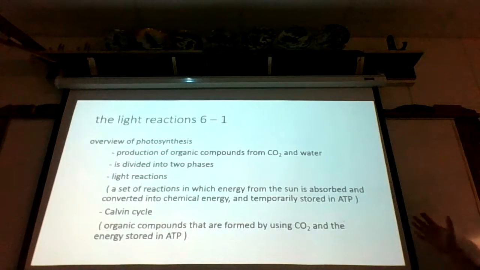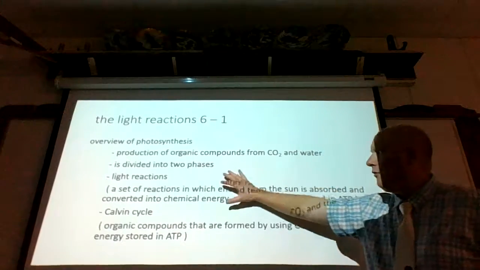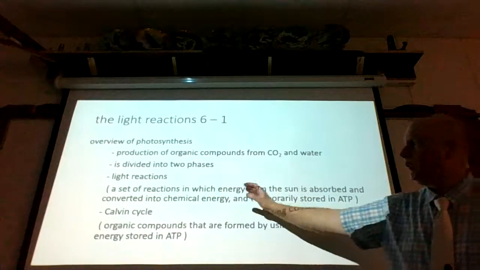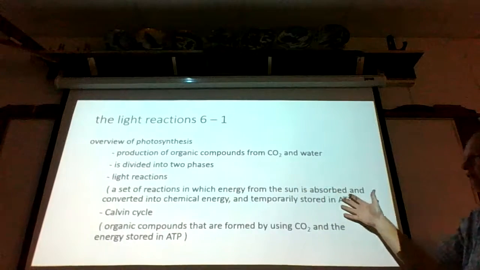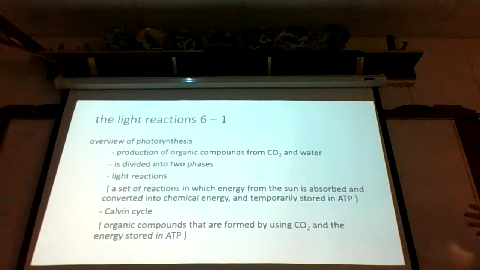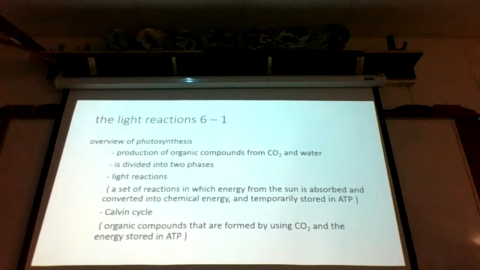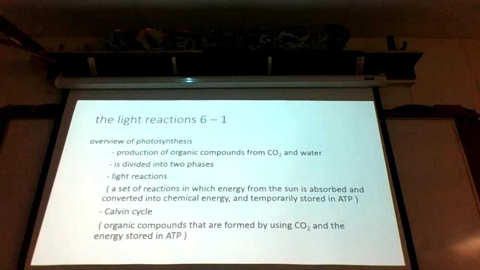So in short, when we're talking about these light reactions, this is a summary of what we would consider the light reactions. Then the Calvin cycle would be an example of the dark reactions. Again, we'll be looking into that in a little deeper aspect in just a few minutes.